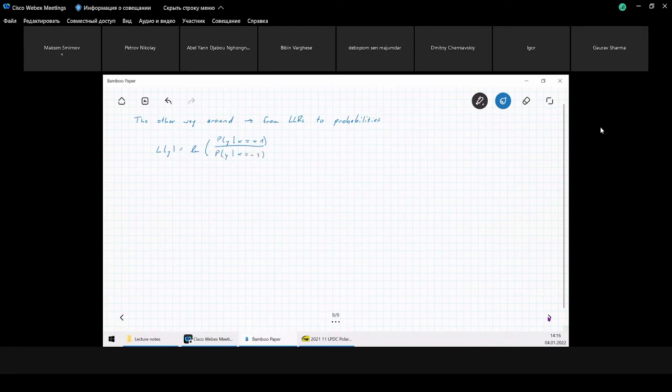So this is basically just this ratio. And of course, we can simplify this. P of y given x being +1 divided by, well, the probability to be -1 is 1 minus the probability to be a +1. So we can basically use here this relationship.